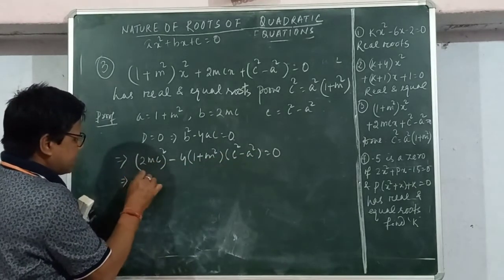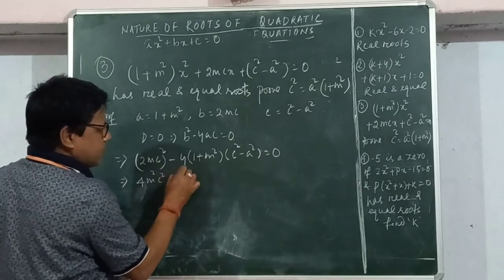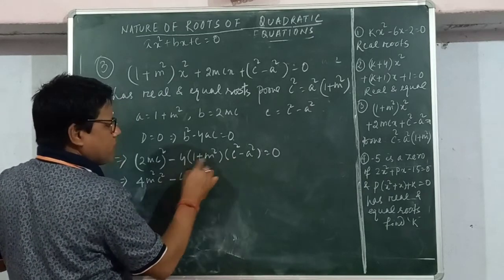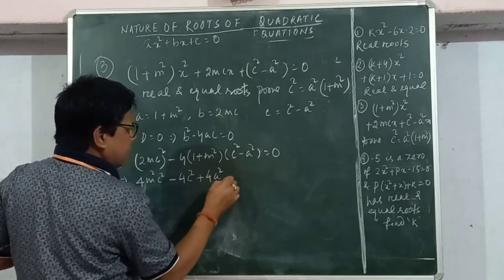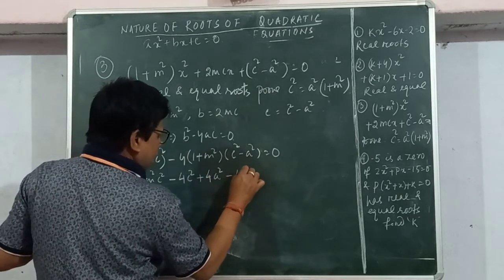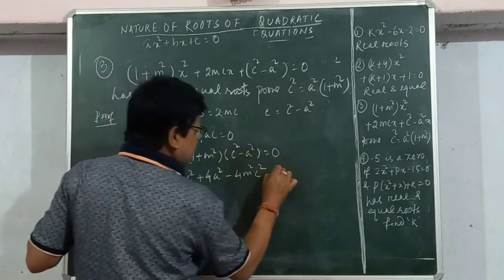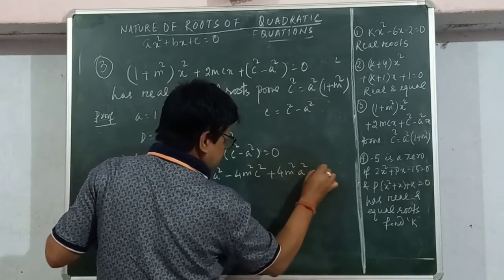Now it gives 4m square c square minus 4c square plus 4a square minus 4m square c square plus 4m square a square is equal to 0.